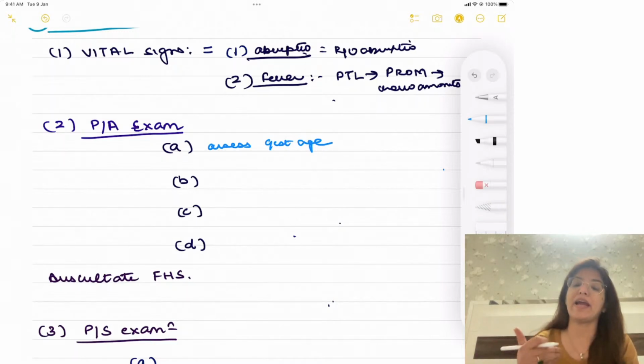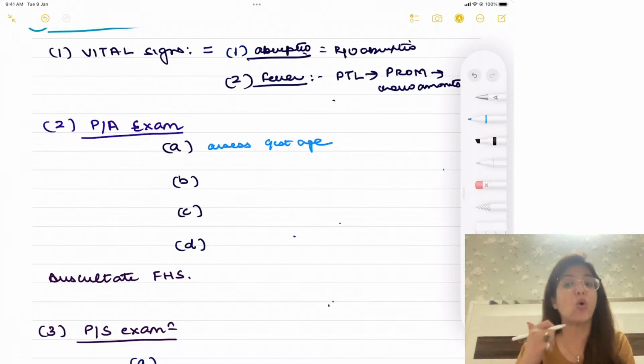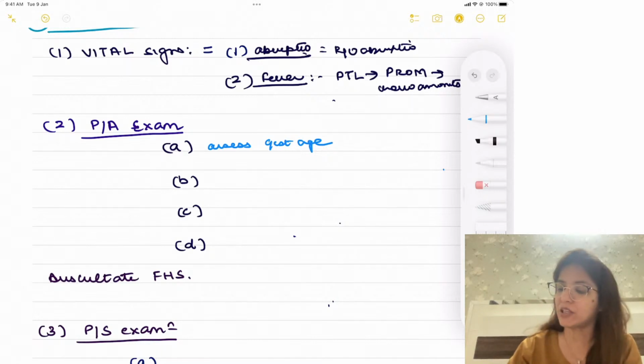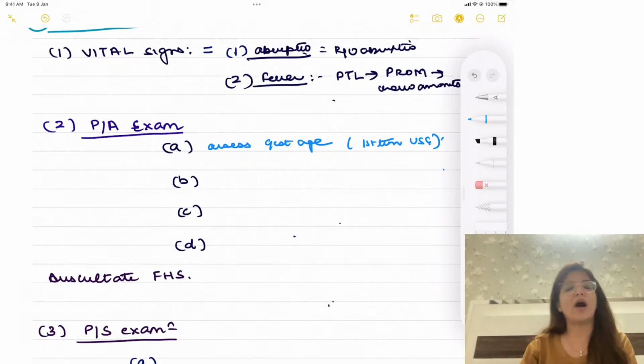That is why I have to assess their gestational age, although the best method to assess gestational age is a first trimester ultrasound. So I am going to ask them for their first trimester ultrasound.